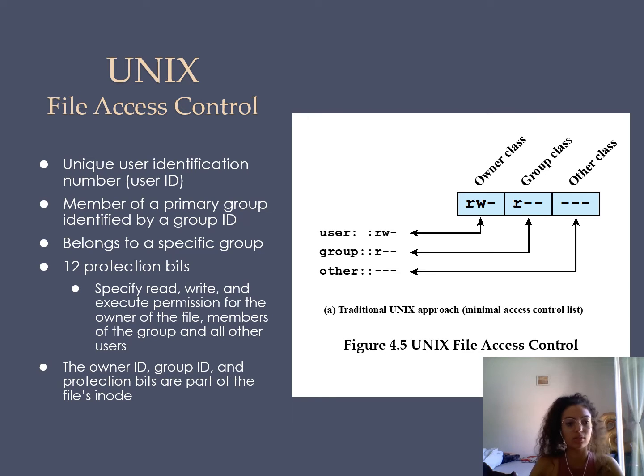So the owner ID, the group ID, and protection bits are part of the file's inode, the index node. So 9 of the protection bits specify read, write, and execute permission for the owner of the file, the other members of the group to which this file belongs, and other users.